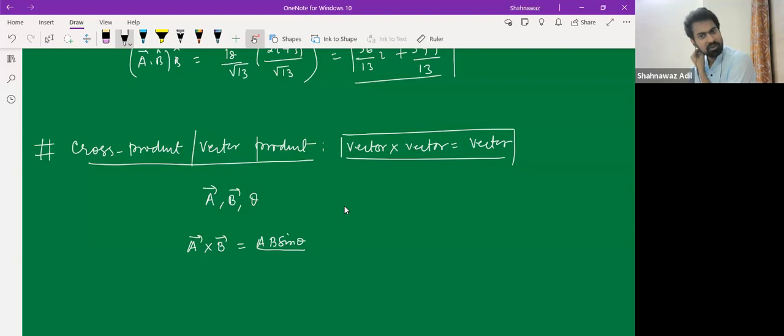Akib, what is representing the direction here? A vector should have a direction, right? If you are saying that this is a vector, it should have a direction.